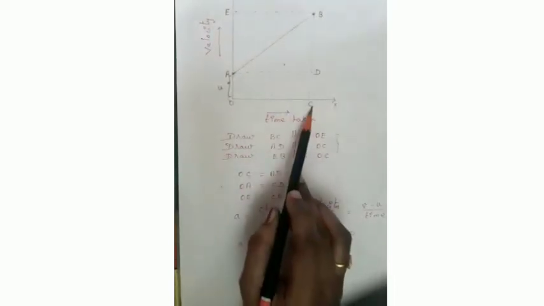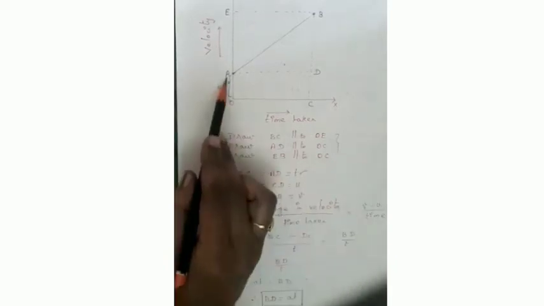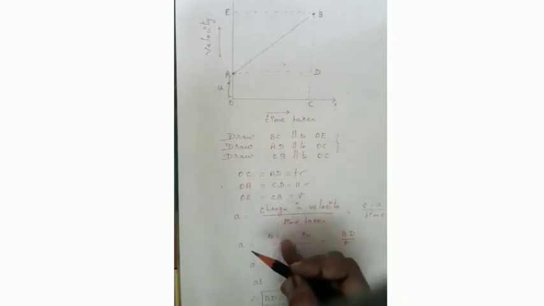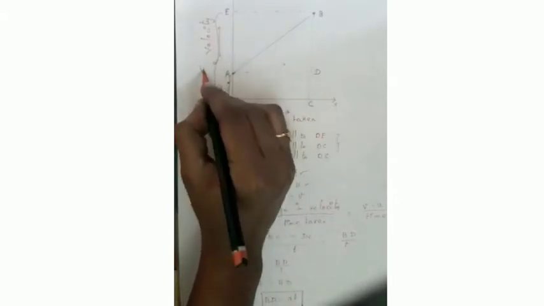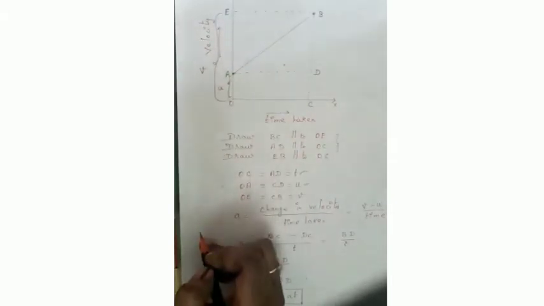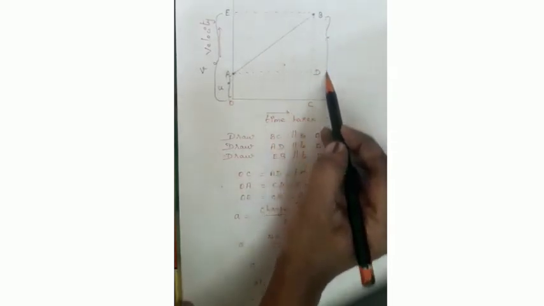After that we know that OC is the time taken, so AD is also the time, and OA is the initial velocity, so CD is also the initial velocity. At the same time OE is the final velocity, so B to C is also the final velocity.